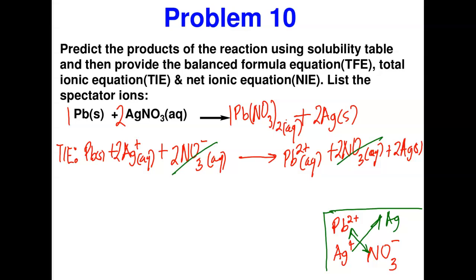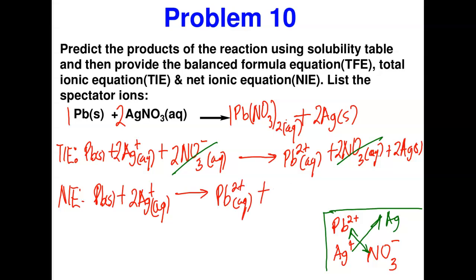And then what it means is that my net ionic equation is just going to be lead solid plus 2Ag+ aqueous will form Pb2+ aqueous plus 2Ag solid. And if you look, the equation is balanced. Equation is very balanced. And of course, the spectator ion, just one of them, and that's going to be what? The nitrate ion.